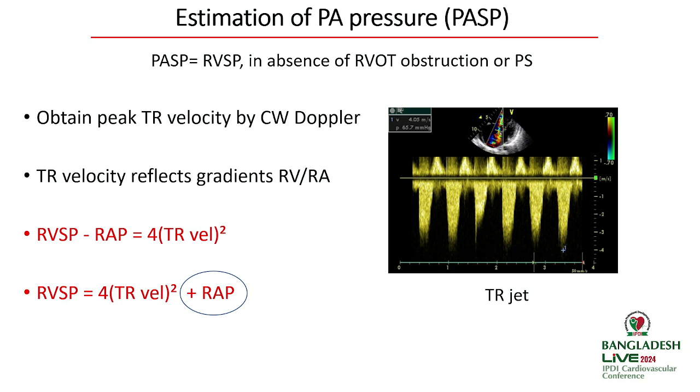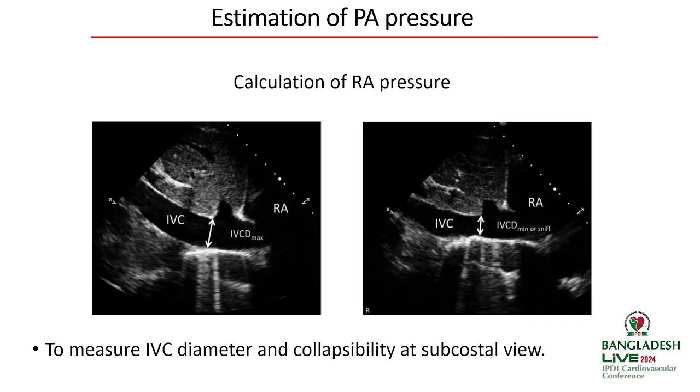If there is no RVOT obstruction, right ventricular systolic pressure is equal to pulmonary artery systolic pressure, and right ventricular systolic pressure is the transtricuspid pressure gradient plus right atrial pressure. If we add this gradient and the right atrial pressure, we get the right ventricular systolic pressure, and that is the pulmonary artery systolic pressure.